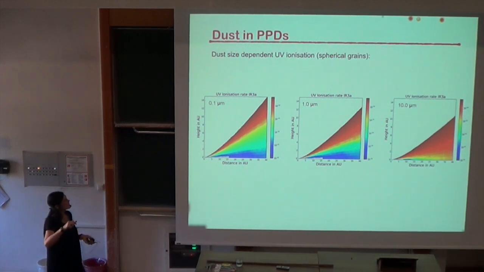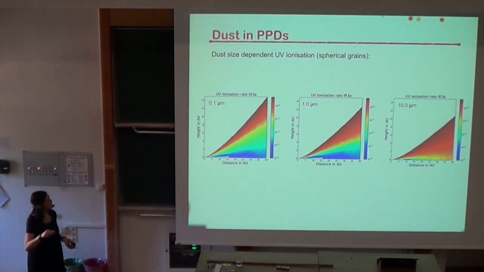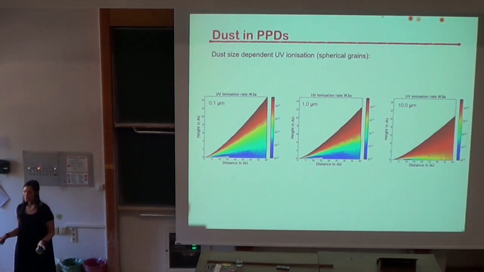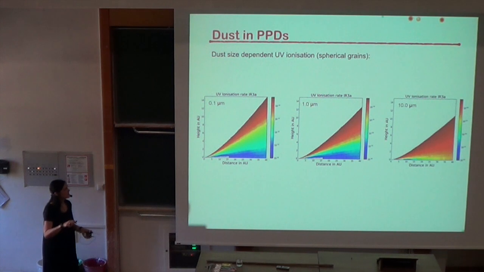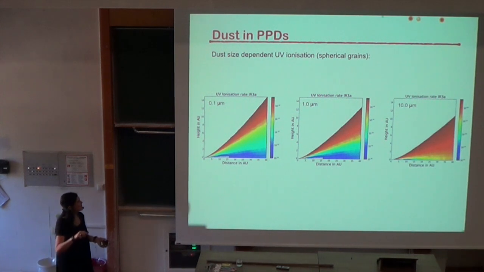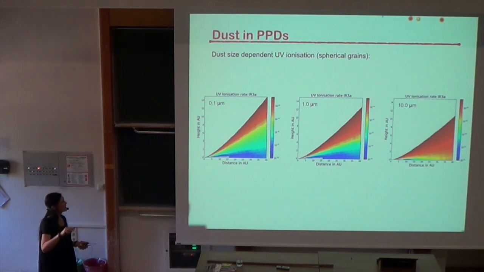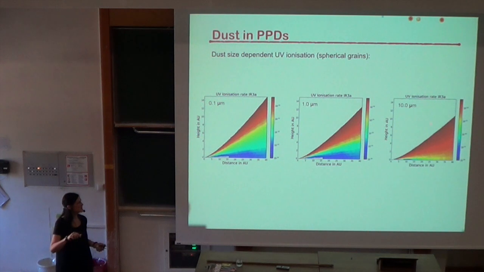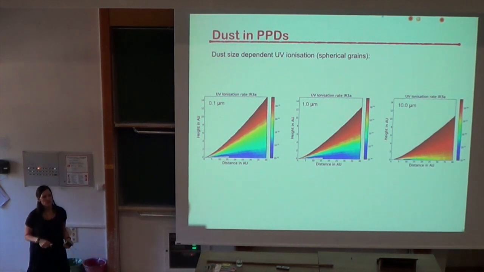So I did calculations for different sizes, only one size in this case, for 0.1 micrometer, 1 micrometer, and 10 micrometer. I kept the total mass constant, so I have to reduce the number density in each case. But I see it really makes a difference if I assume this is a dust growth scenario, whether I have only small particles or only large particles, how much the UV can actually penetrate.